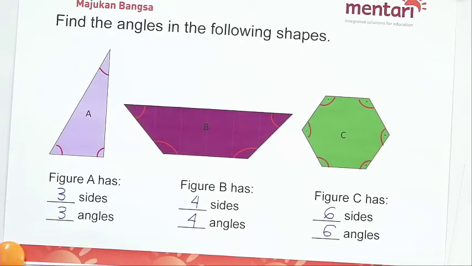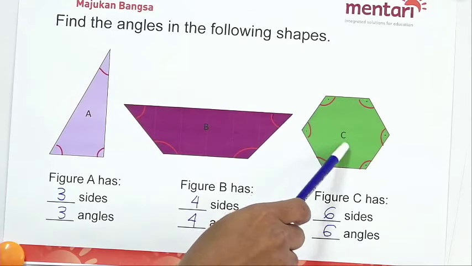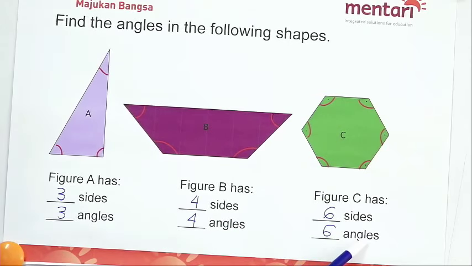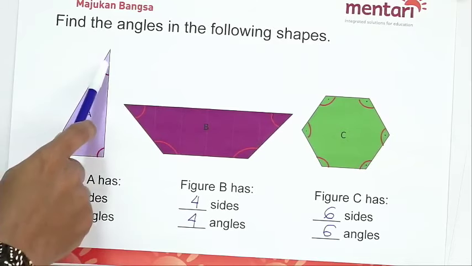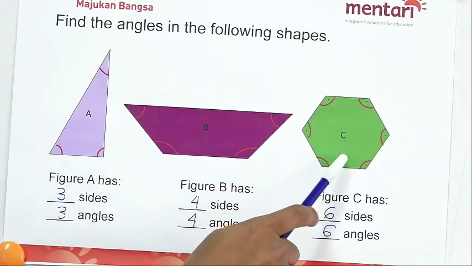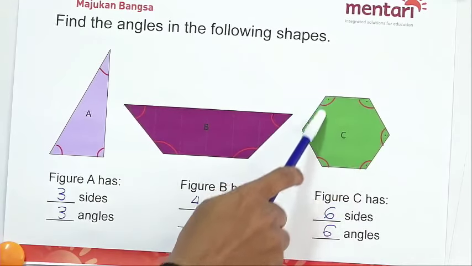If it is a 6-sided shape, it would have, yeah, 6 angles. And another thing that we have learned from this is that angles in a triangle are different from angles in figure C. Look at this.